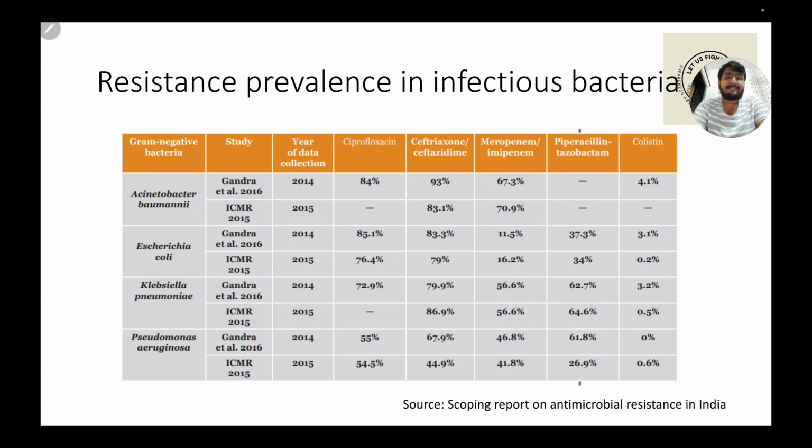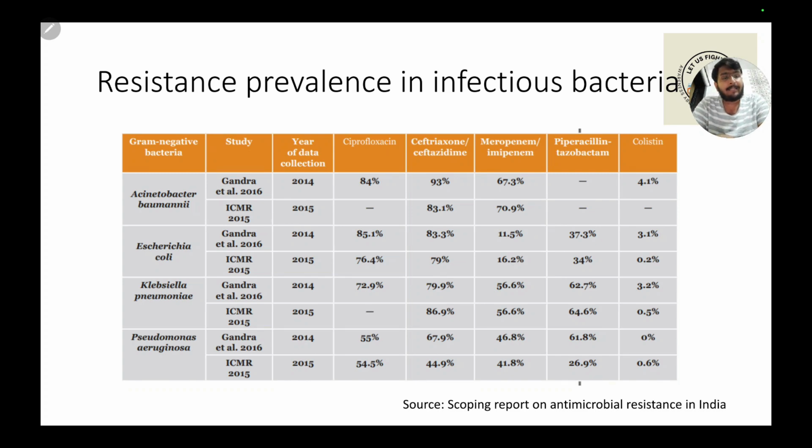You can see that against these pathogens, certain drugs were very popularly used because they had effectivity against these pathogens. So ciprofloxacin, ceftriaxone or ceftazidime, meropenem, imipenem, piperacillin, colistin, these were all popularly used antibiotics, and you can see that the rate of resistance they are exhibiting against these antibiotics, especially ciprofloxacin, ceftriaxone and meropenem, is so high.